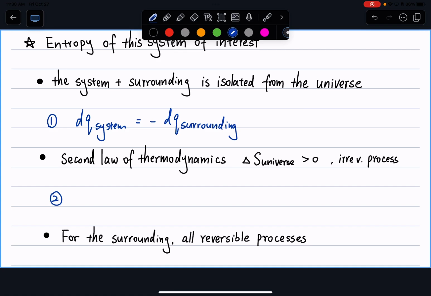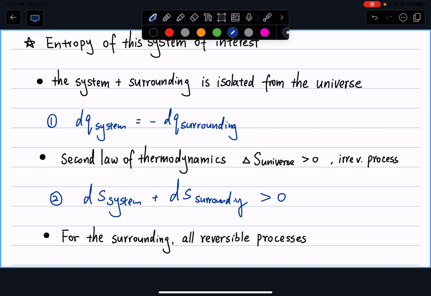So what that tells us is your dS system plus the change of entropy in your surrounding must be larger than zero, because you have irreversible reactions or phase changes taking place in the system.